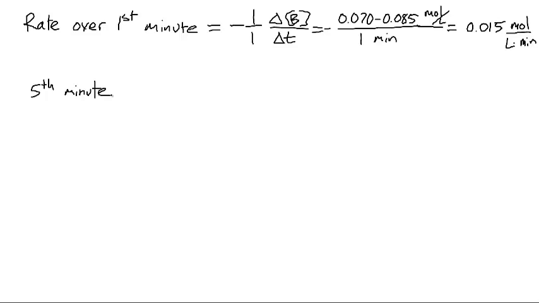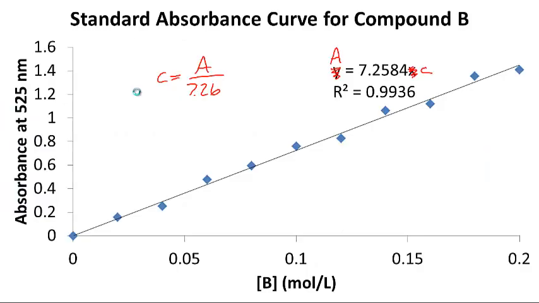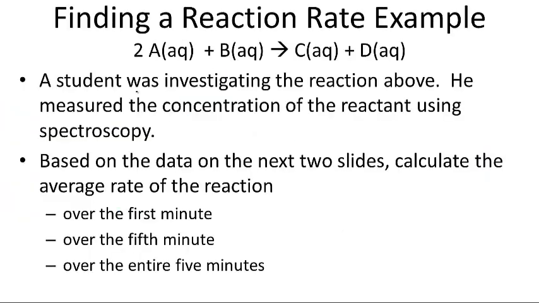Then you go ahead, take a second, and calculate the rate over the fifth minute, the average rate, and I'll write it up here. So we were asked for three things: the rate over the first minute, the rate over the fifth minute, and then the average rate over the whole 5 minutes.